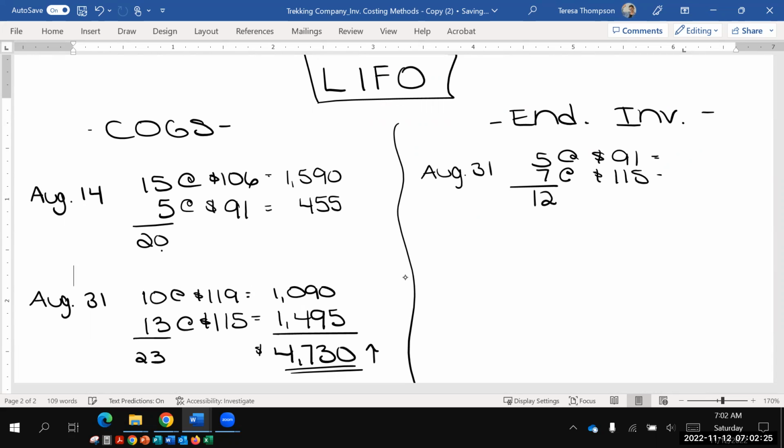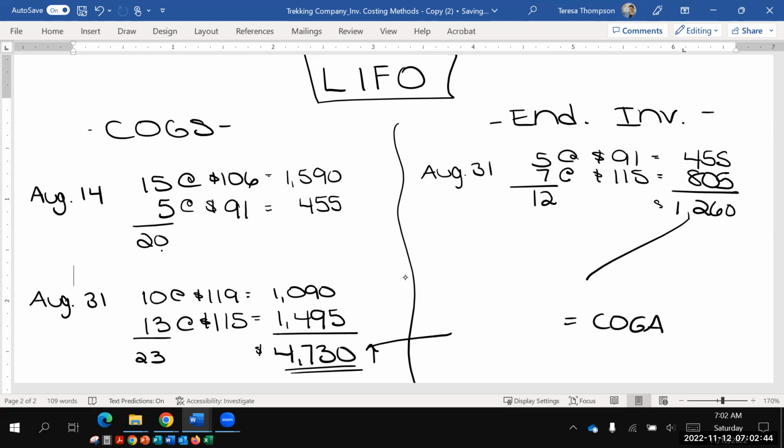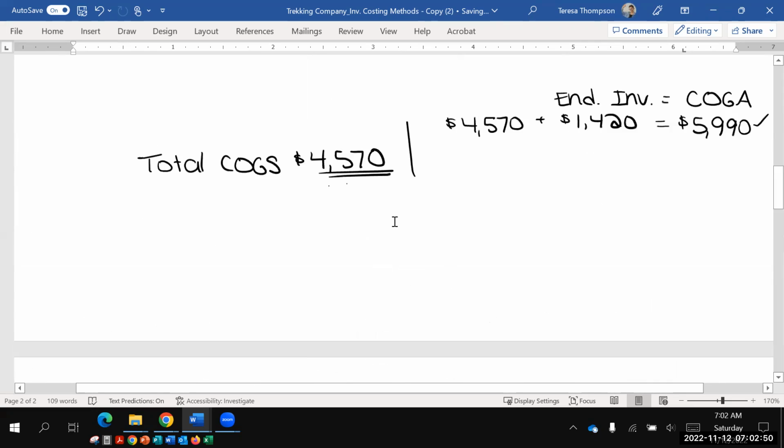Okay, and then we'll do our check as well, just to make sure. Remember, if we add these two figures up, it should equal our cost of goods available. So add up your 47.30 and your 12.60. You should get 5,990, and then just make sure that's the same as your cost of goods available.